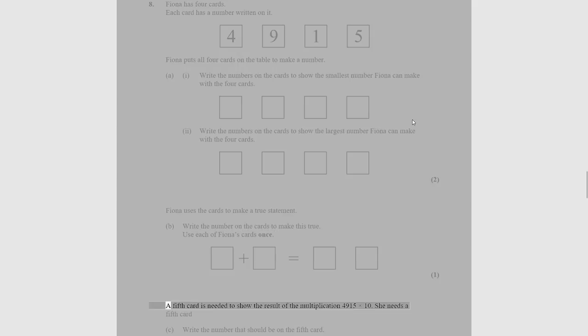A 5th card is needed to show the result of the multiplication 4,915 times 10. She needs a 5th card. c. Write the number that should be on the fifth card. Total 4 marks.